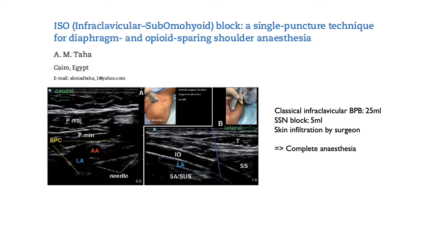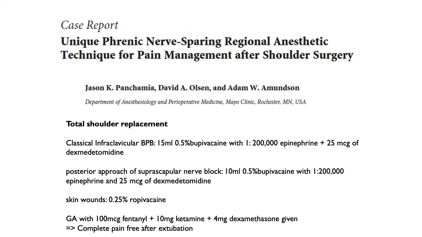After the infraclavicular brachial plexus block, withdraw the needle, tilt the probe a little bit, and then they block the suprascapular nerve just below the omohyoid muscle. And then for the skin, because they didn't block the supraclavicular nerve, it's done by the surgeon by local anesthetic infiltration. And this combination could result in a complete anesthesia without any need of converting to general anesthesia.